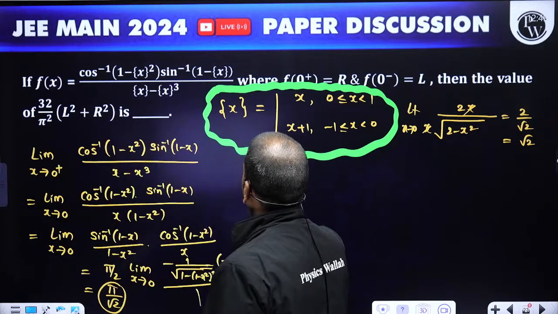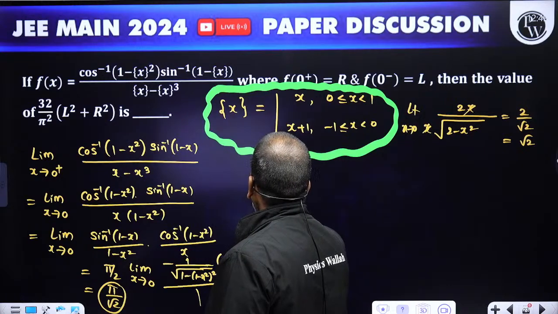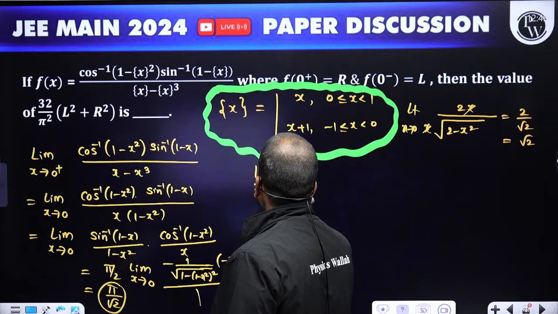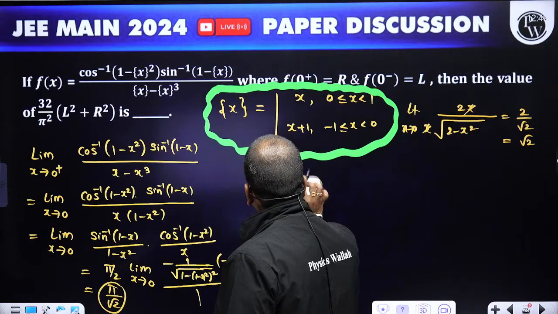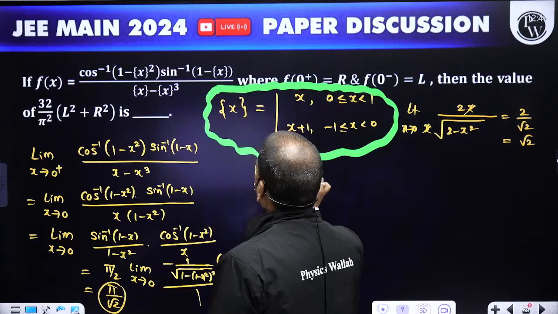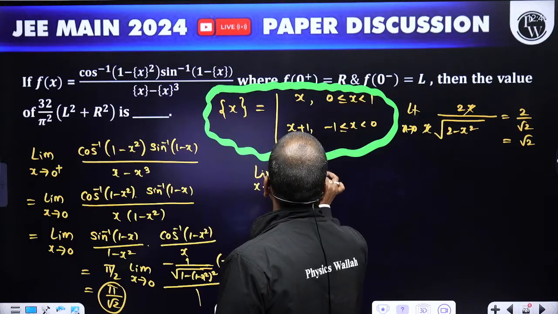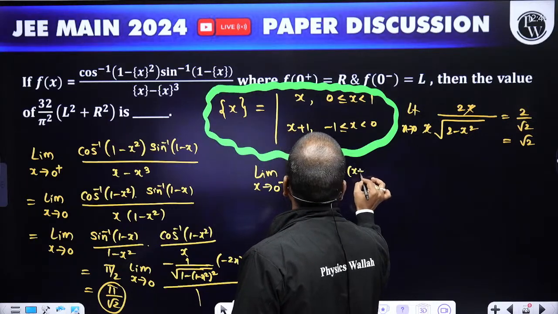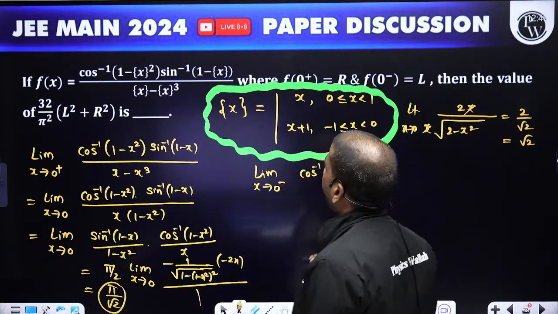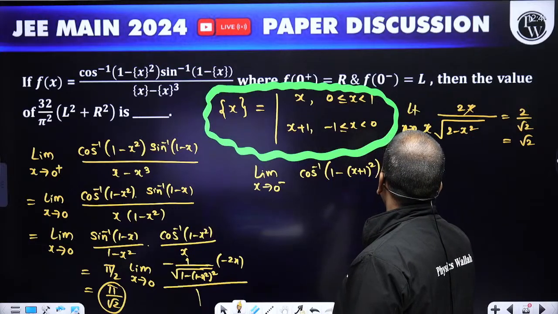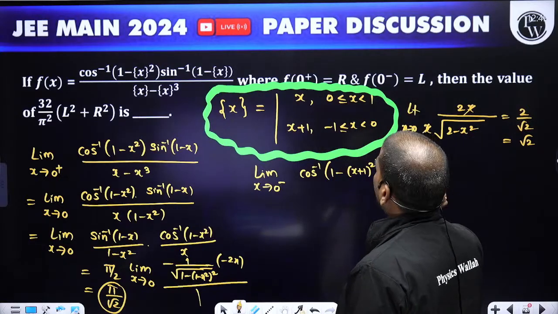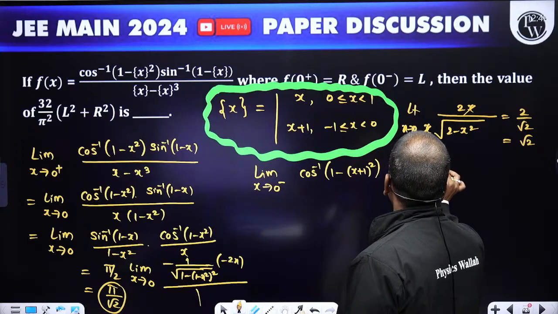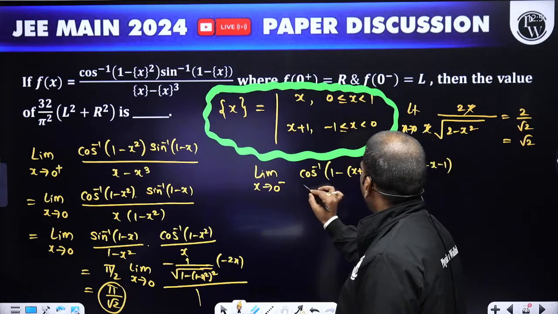Similarly, we need to find the left limit. Limit x is tending to 0 minus. When it is 0 minus, cos inverse of 1 minus x square, that is x plus 1 whole square, and sin inverse of 1 minus of x plus 1, 1 minus x minus 1 got cancelled.